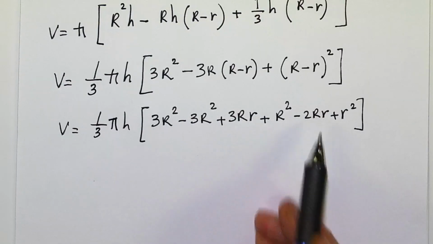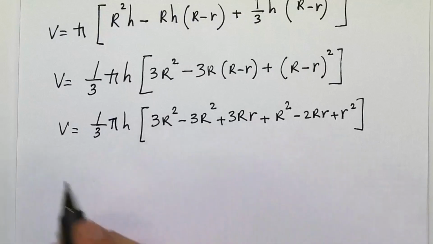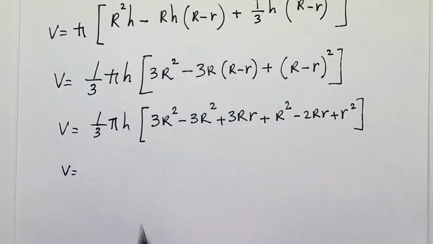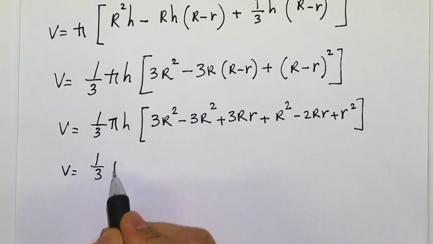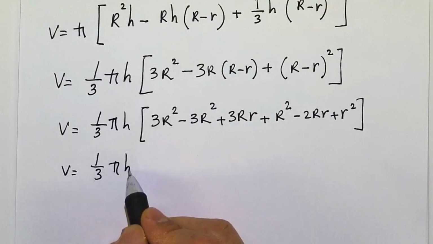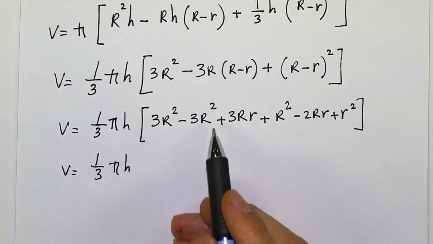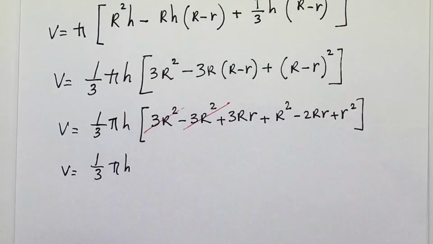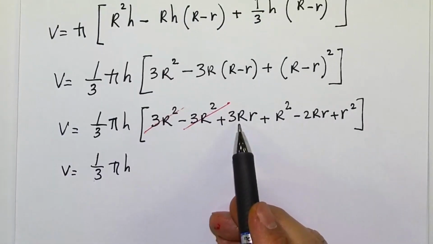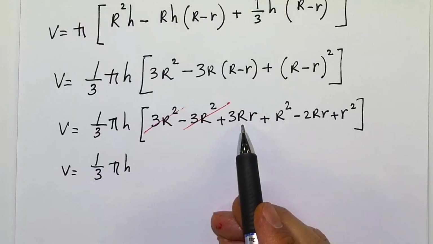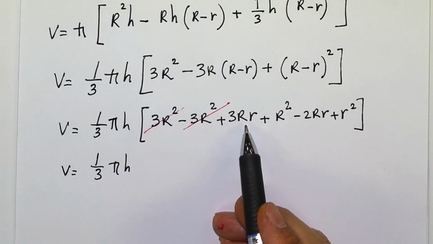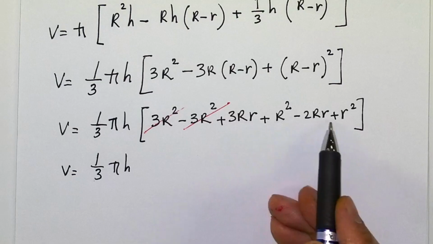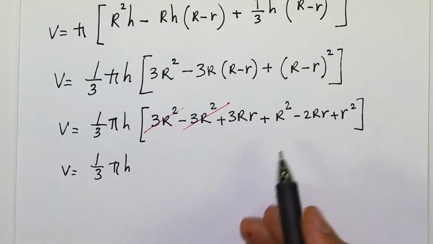And then we end up with volume equals 1/3 pi h times, so these two add up to 0. These two will give us just capital R, and then r squared, this r squared, and that r squared.